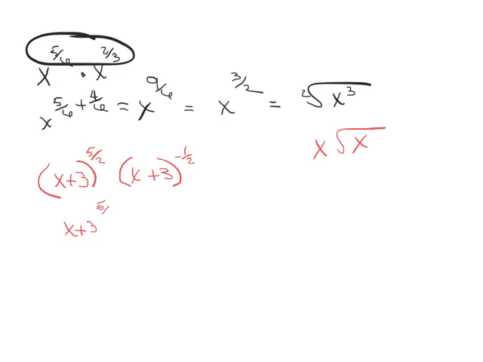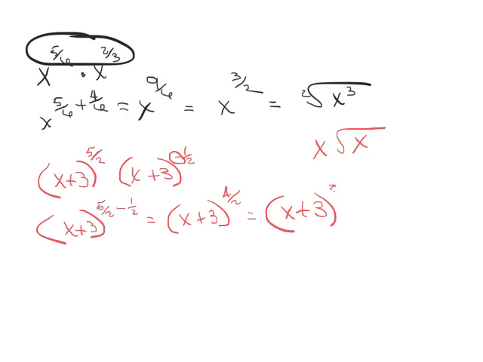We're going to add exponents, which because this is a negative, we're going to actually subtract. And that gives me x plus 3 to the 4 halves, which is x plus 3 squared. I don't know if I did it a little bit different than the book or not, but anyway, that works.